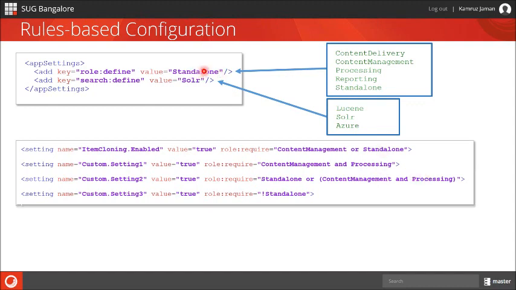And you can do that by passing through comma separated roles here. Probably wouldn't want to do that, but you could if you wanted to. There's also one last one, which is a not operator. So in this case, it would be all the other types of environments, not standalone.